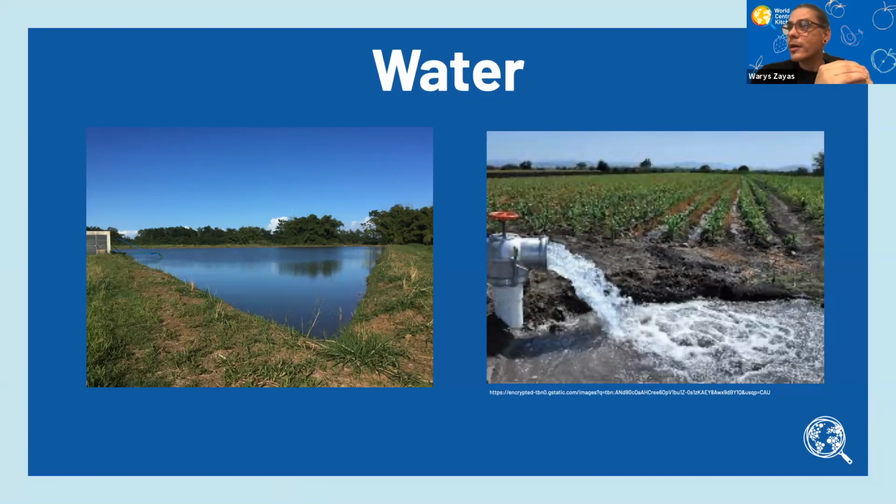So right here you can see a picture of the most common water storage, or source of water, that we use in farms. At your left, you have a pond. This pond was done on a farm in Puerto Rico, from one of our new participants of the program on the west side of the area.